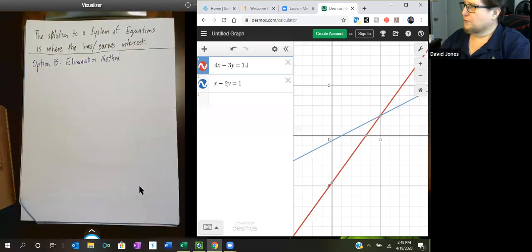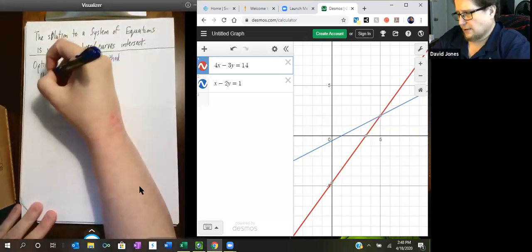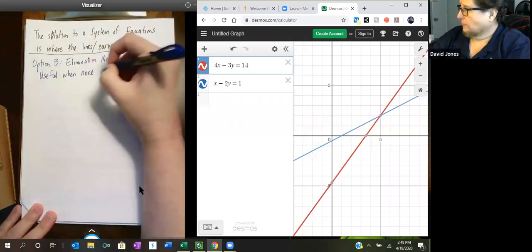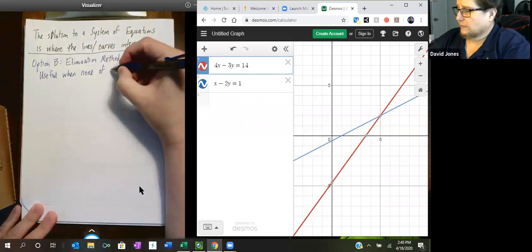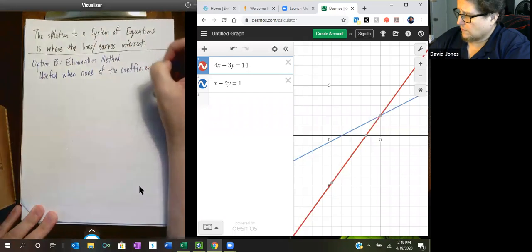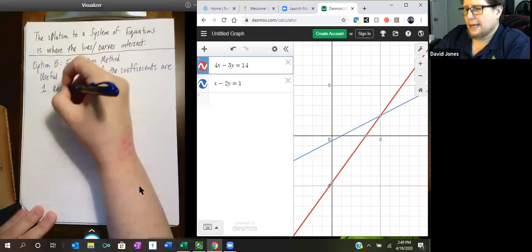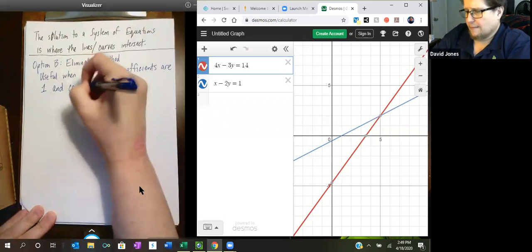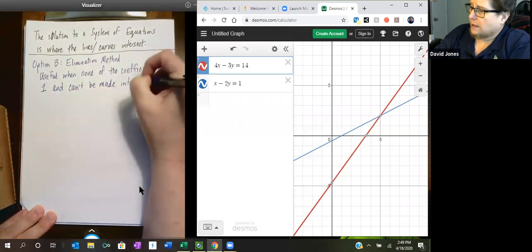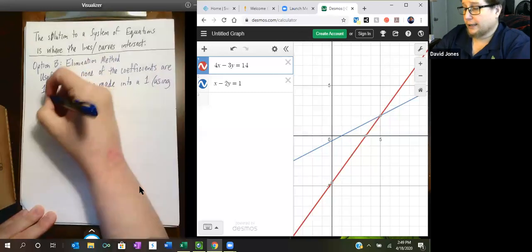And this is useful when none of the coefficients are 1 and can't be made into a 1 using division, of course. That's how we would get a coefficient of 1.